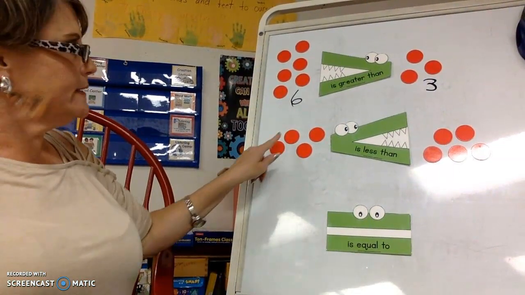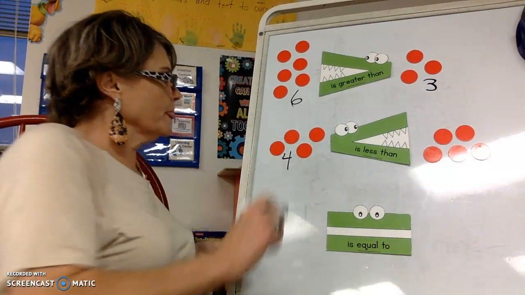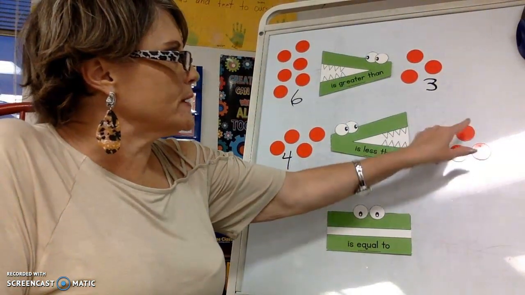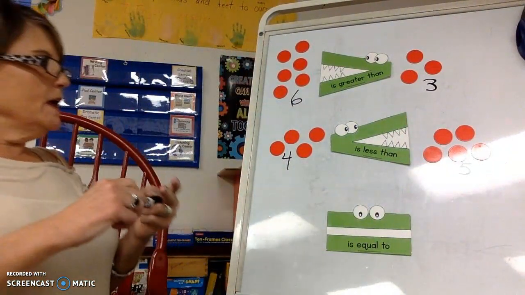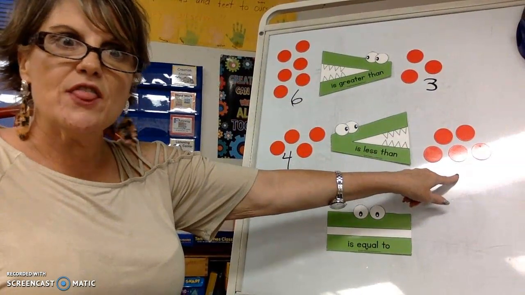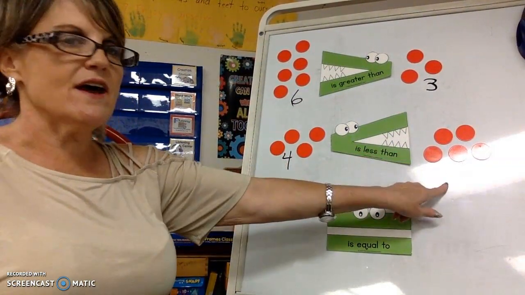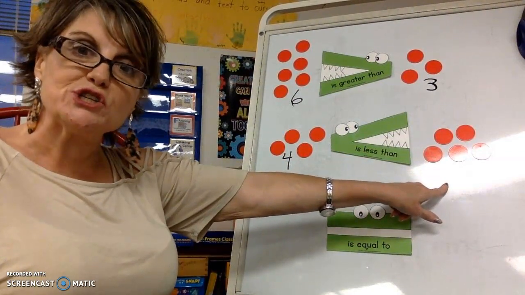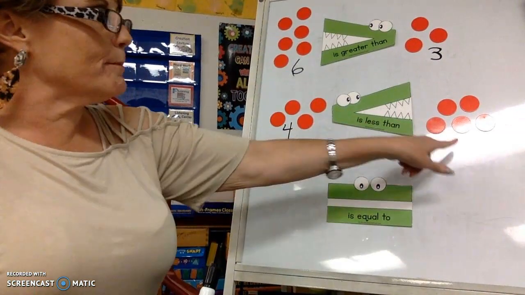We have 1, 2, 3, 4. And 1, 2, 3, 4, 5. This crocodile is still eating the bigger number. 4 is less than 5. It's just turned around, isn't it? Because now he's chomping here.